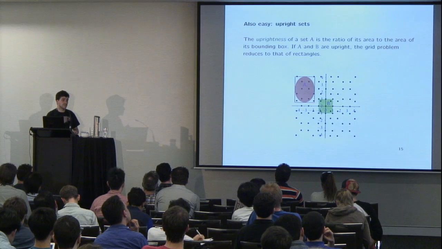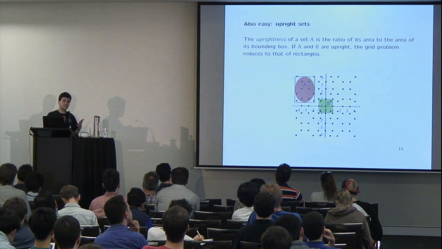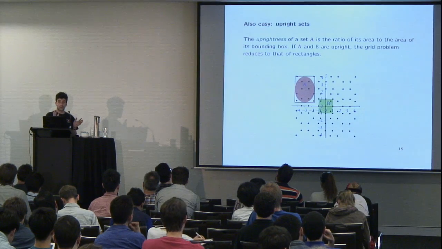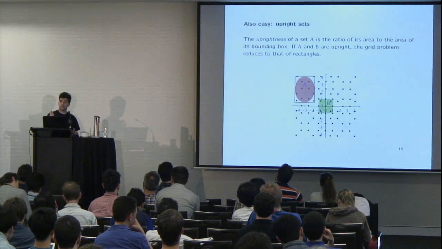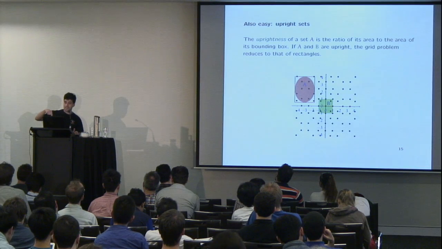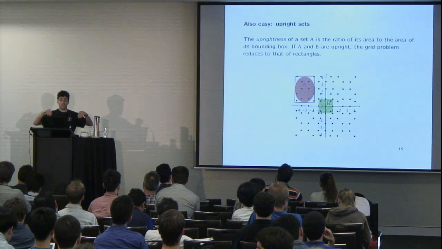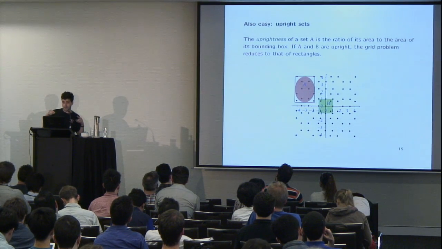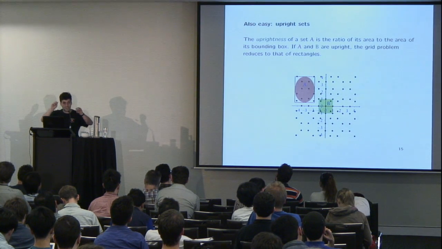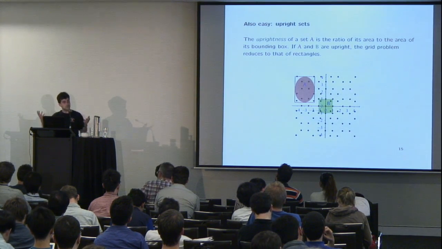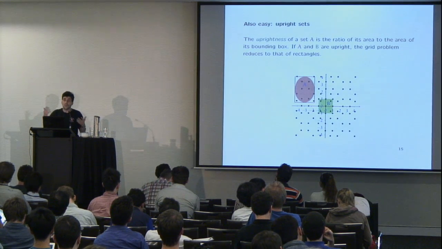Now, in the two-dimensional grid problem where both the sets are upright, you can still solve the problem, because you draw the bounding boxes and then you solve the problem for the bounding boxes. And because your sets are upright enough, among all these solutions that you've found, some of them you're going to have to throw out, but not that many.